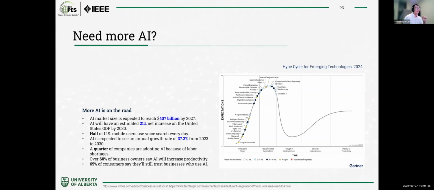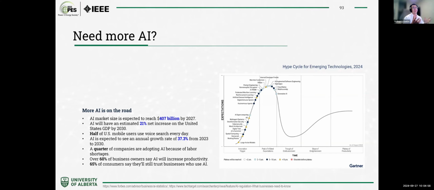This time, in terms of scale, anticipation, and economy, everything is bigger. The AI market is expected to reach 400 billion by 2027.